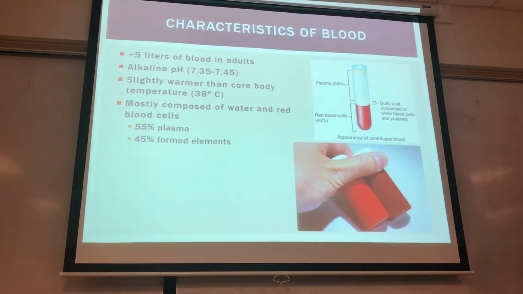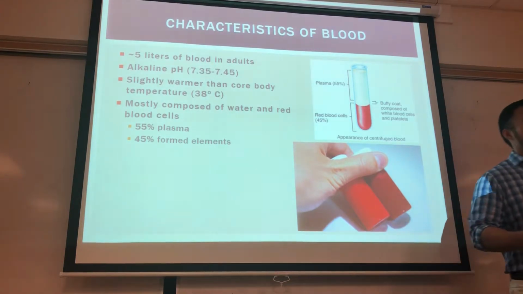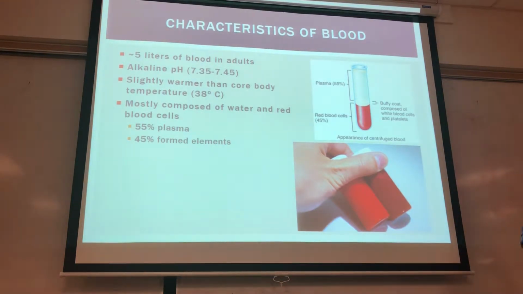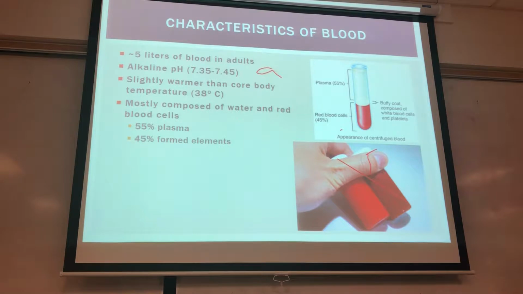So again, it's a very narrow window that we want to make sure we maintain, because things start to be disrupted quite a bit if blood becomes more acidic, lower than 7.35, a condition that we call acidosis.